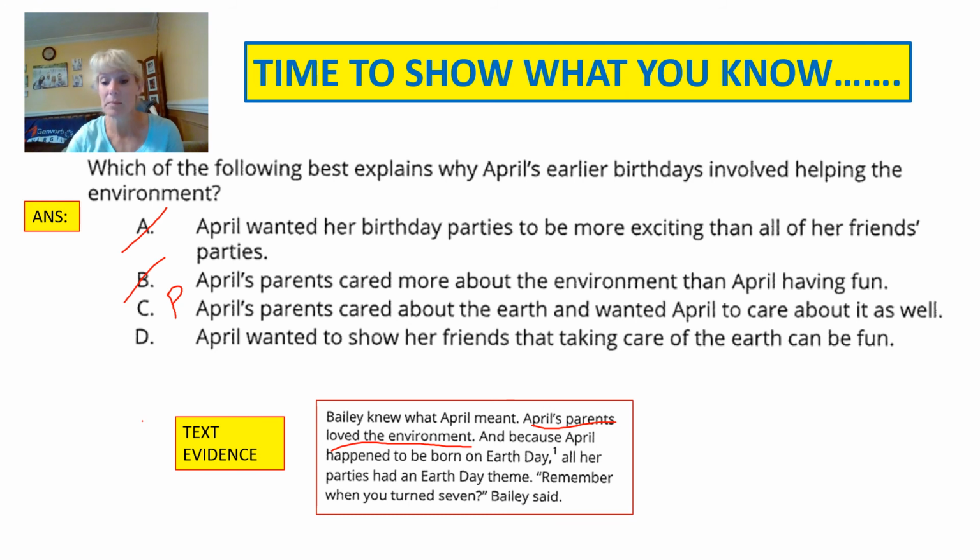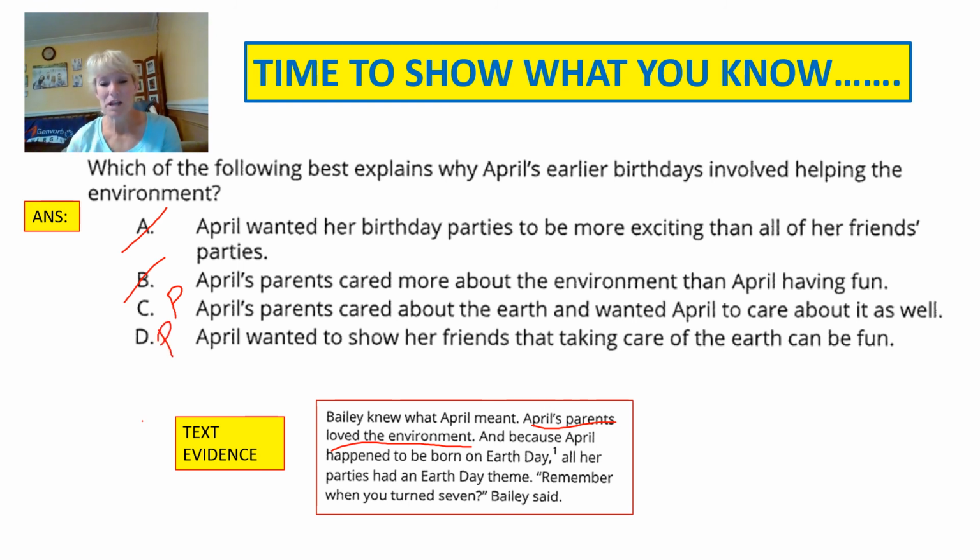So that's going to get my P for possibility. April wanted to show her friends that taking care of the earth can be fun. I do think that she enjoys taking care of the earth and that it can be fun. So that's also something I'm going to put a P for possibility.